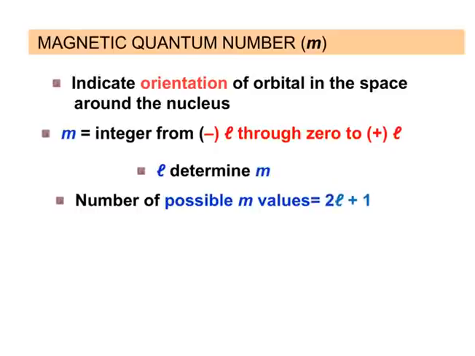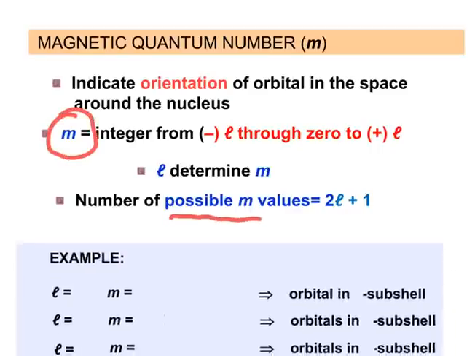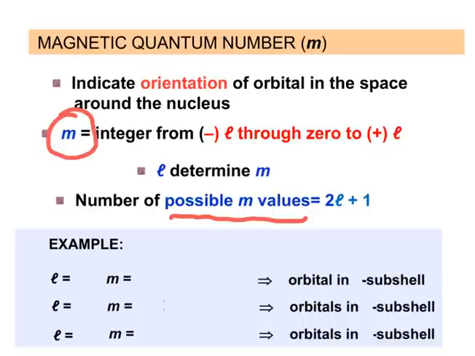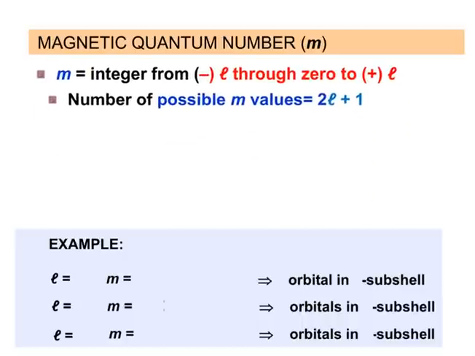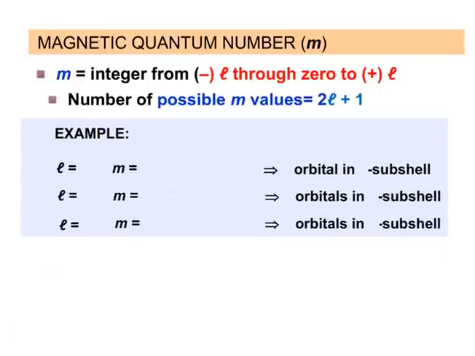Let's have an exercise about the value of the magnetic quantum number and the number of possible magnetic quantum number values. When the azimuthal quantum number is 0, the magnetic quantum number value is only 0.